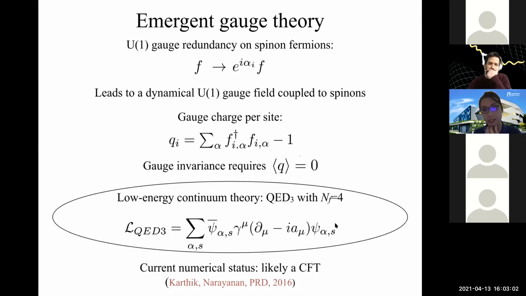So basically the free Dirac fermion theory is gapless, and when coupled to a U1 gauge field, the theory remains non-trivially gapless even at low energy. So that gives you potentially a realization of a critical spin liquid, a critical phase at low energy.